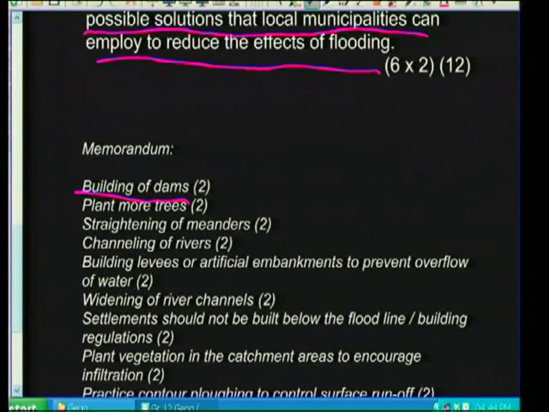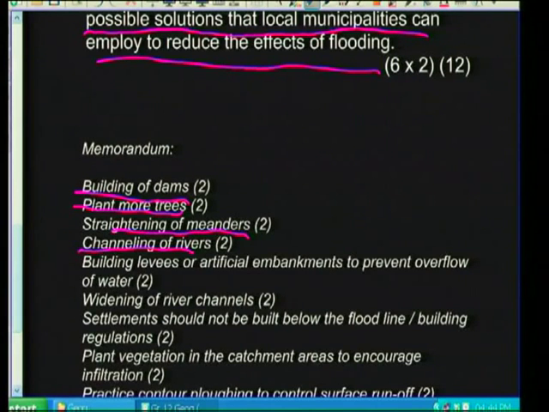Building of dams, plant more trees, straighten meanders, because if you're not straightening meanders, by the time the water curves, it floods the area. Channeling of rivers, creating new channels to move it away. Building of levees and artificial embankments of water, so that when you build a levee, it's higher, it actually holds more water.